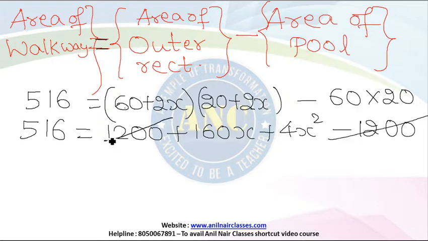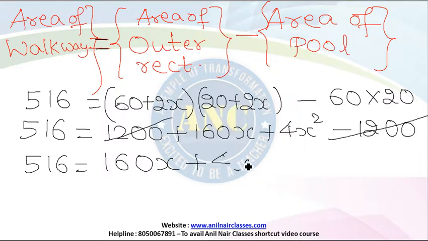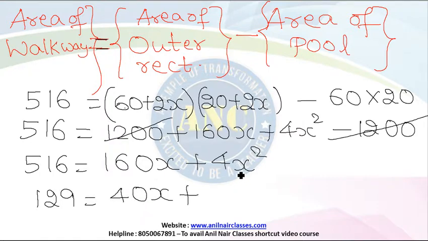The 1200 cancels. 516 is equal to 160x plus 4x square. Divide left hand side and right hand side by 4. 516 by 4 is 129. 160x by 4 is 40x. 4x square by 4 is x square.